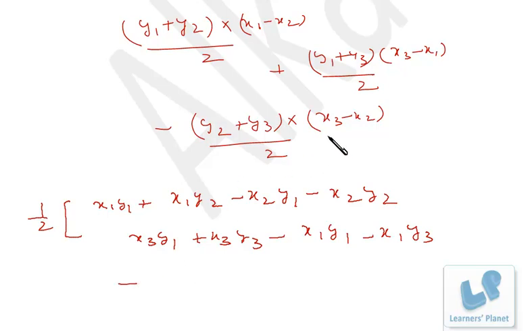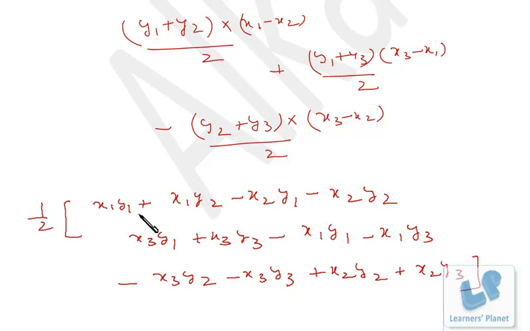Then this is minus x3 y2. Then this is x3 y3. Then minus x2 y2 and this is plus x2 y2. Then minus x2 y3 and then this is plus x2 y3.